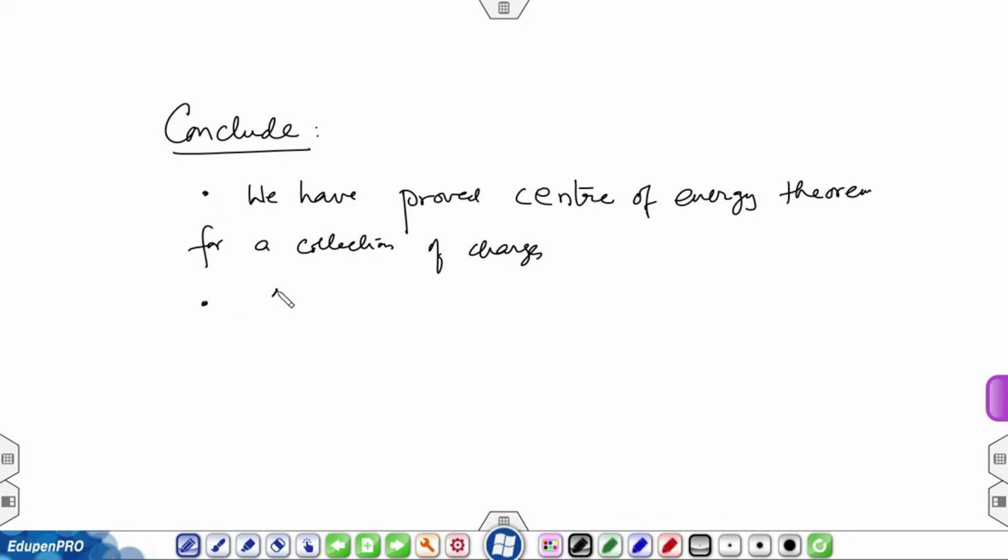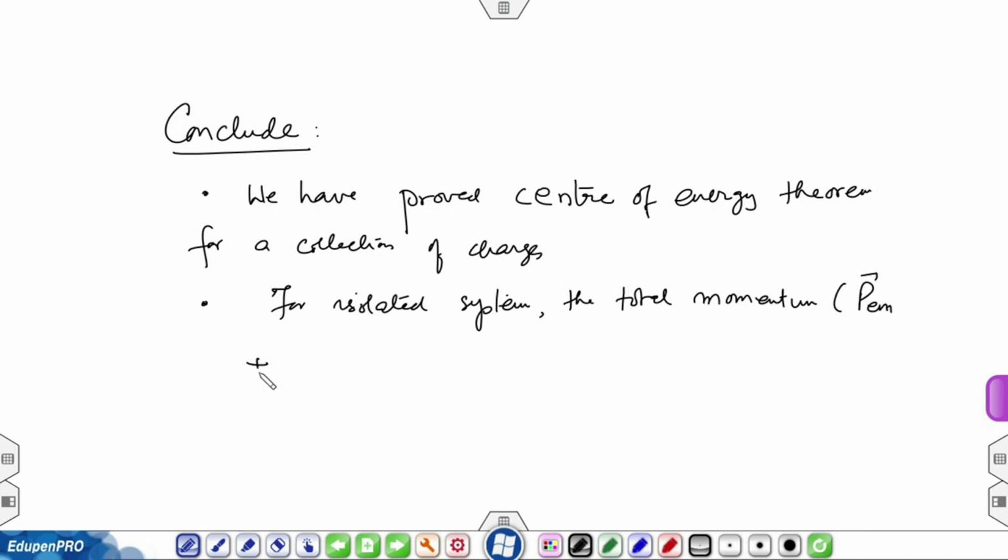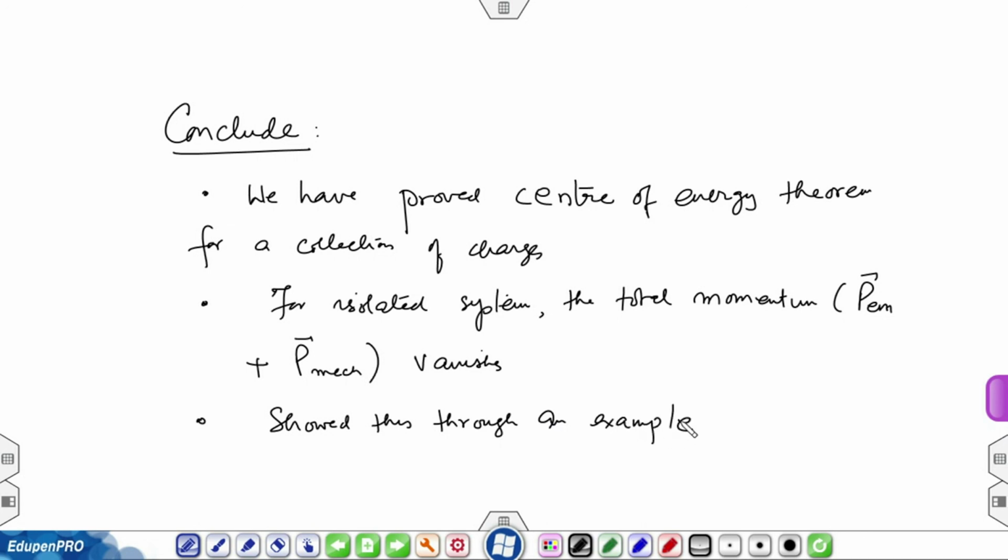This tells you that for isolated systems, the total momentum, which is P EM plus P mechanical, vanishes, and we showed this through an example. Thank you.